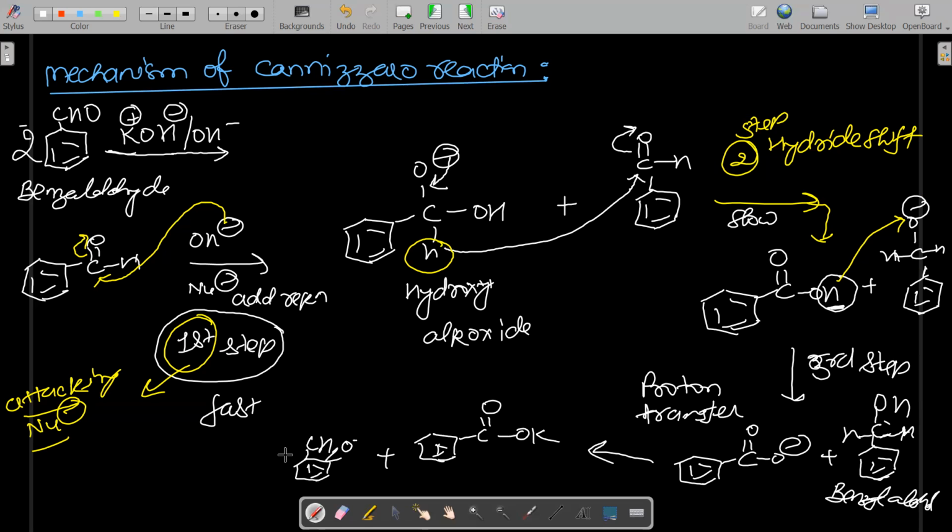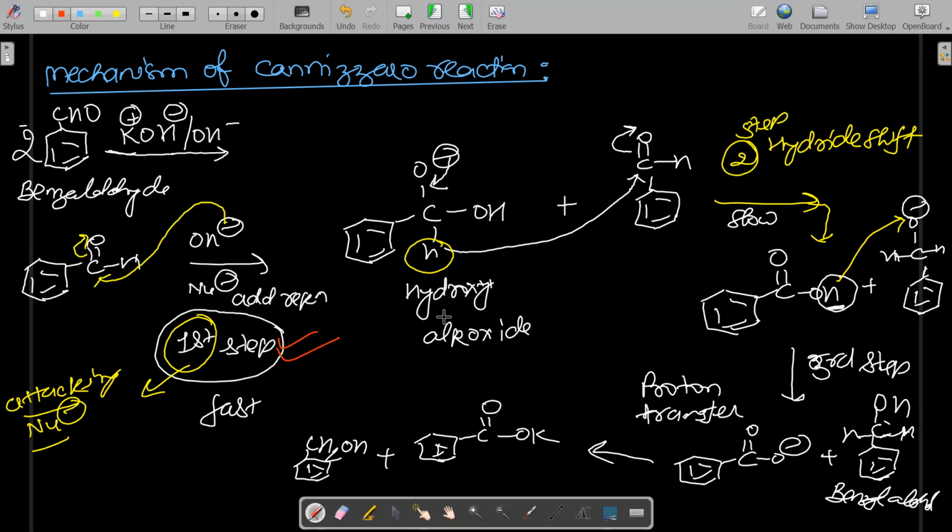I hope it is clear to all of you. Again, I am repeating that this mechanism occurs in three steps. In the first step, the nucleophile, that is OH minus, attacks the positively charged carbonyl carbon, and the pi bond shifts to oxygen. Hence OH is attached to this carbon, and the oxygen becomes negatively charged.